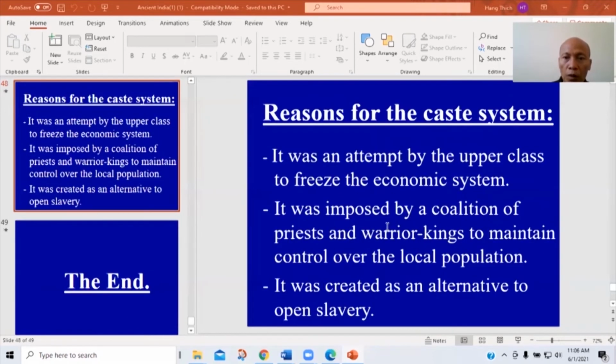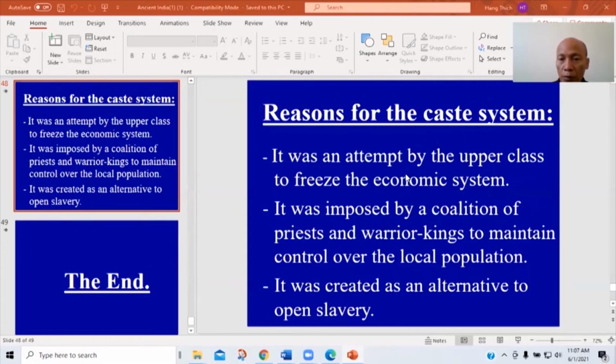They put in place this caste system because they want to control the masses, especially the upper class of the Brahmin, the priests. They want to control politics. They want to control the economic system.